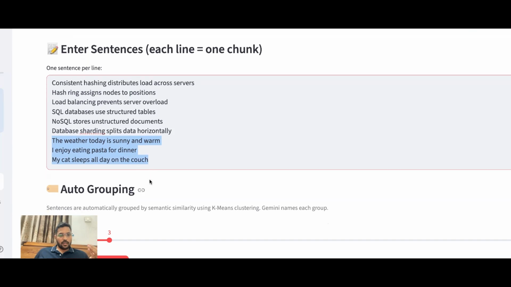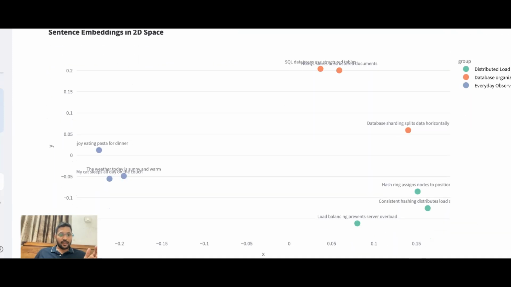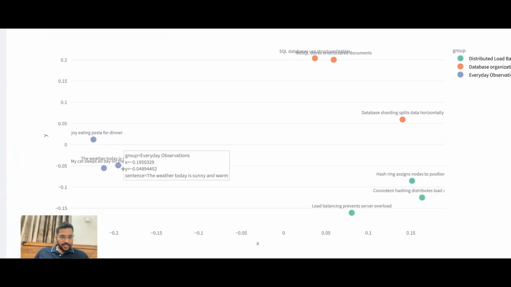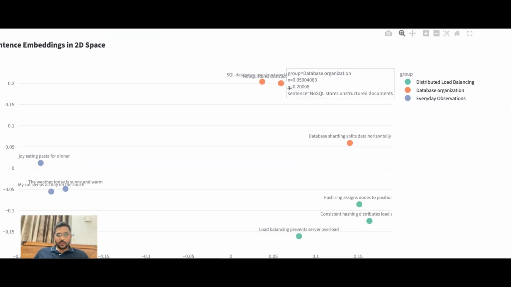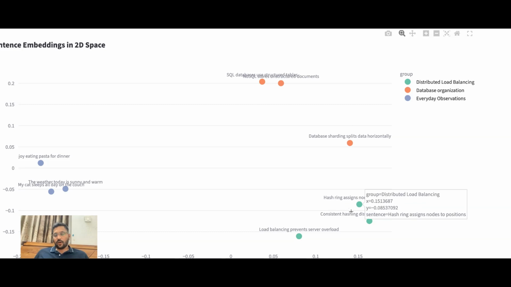So this is how the embeddings look in a 2D graph. The general information is coming over here, something related to distributed system is coming over here, and things related to SQL database and database sharding are coming over here. If you observe one thing, SQL and NoSQL are very close to each other.